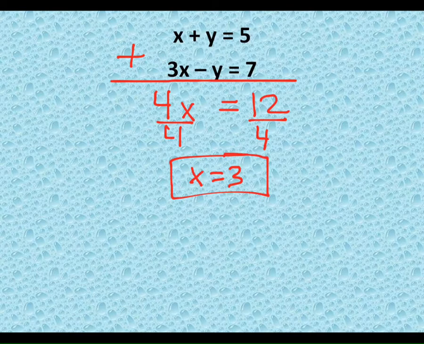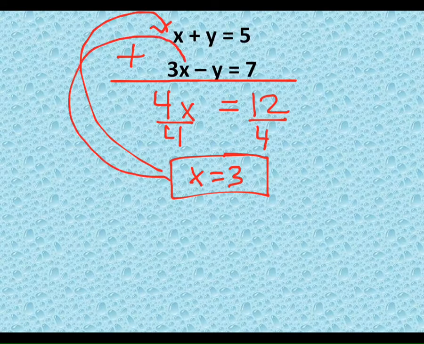Okay. Now I need to go find a y. So I can take that x and I can either plug it in for x there, or I could plug it in for x there, and then solve for y. I'm probably going to pick the top one, because then I don't have to multiply by 3 and have a negative y. I'm going to pick this top one and go back and plug in x.